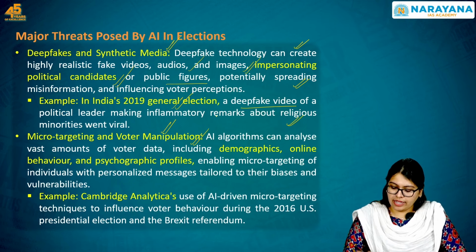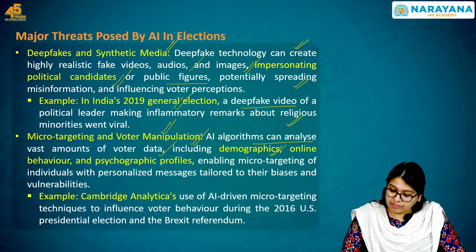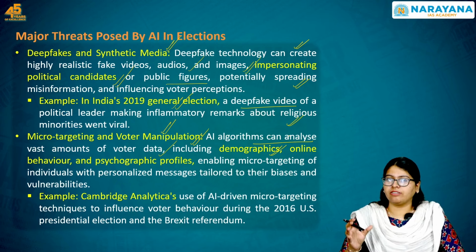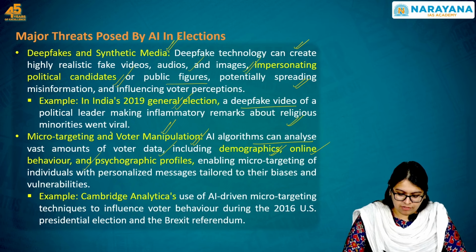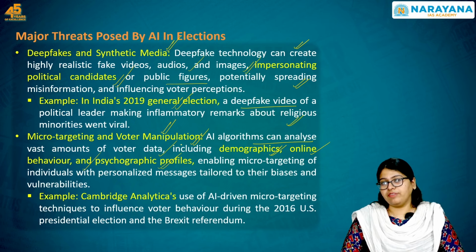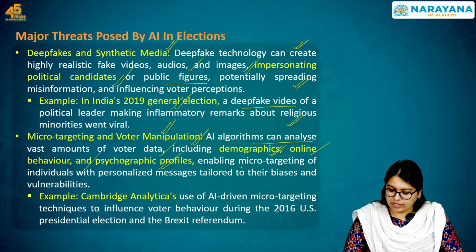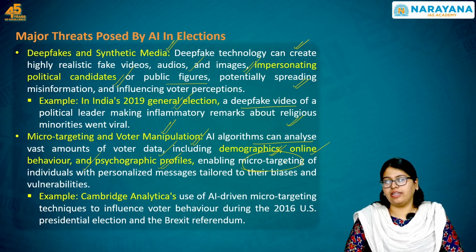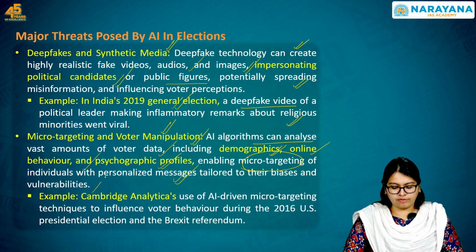So AI algorithms can analyze vast amounts of voter data, including demographics, that is, which particular age group they belong to, online behavior, as well as psychographic profiles. This enables them to micro-target individuals with personalized messages tailored on the basis of their vulnerabilities.